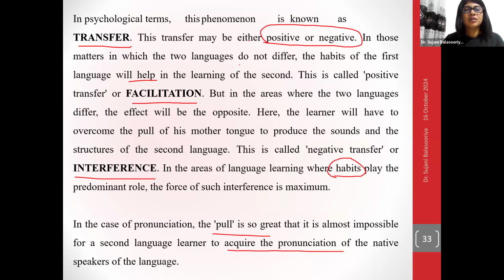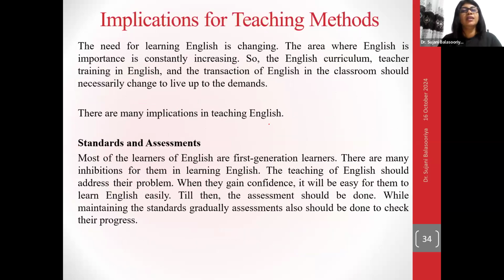There is a good side, as I told you. Facilitation is there, but mostly it is interference, because most of the time we find differences rather than similarities between the two languages. Okay, so that discussion is over. Hope you could get some idea.